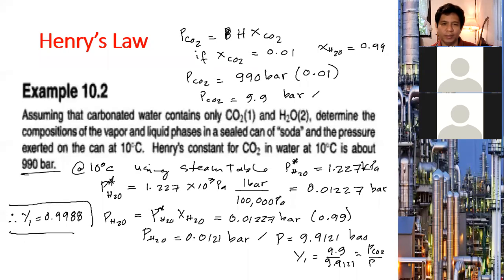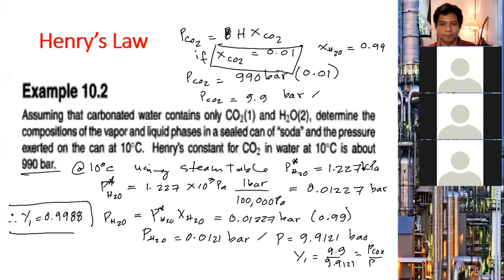Question regarding Y1? And then X1 is this one, 0.01. Do you have any question regarding this problem? Nakita nyo kung paano sinasolve? Sir, question lang po. Paano po ulit yung 9.9121?